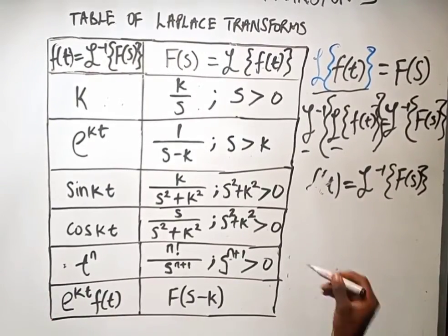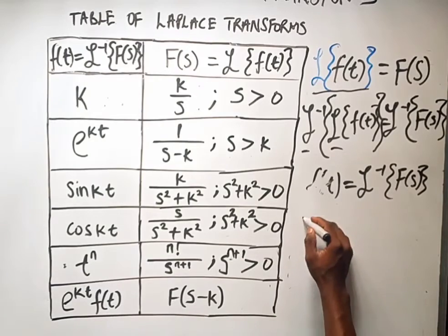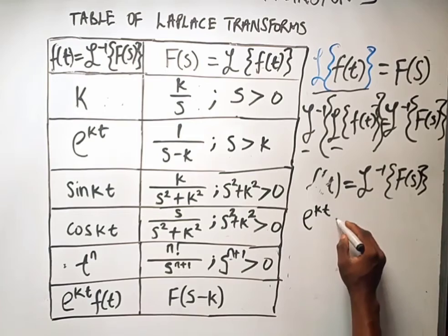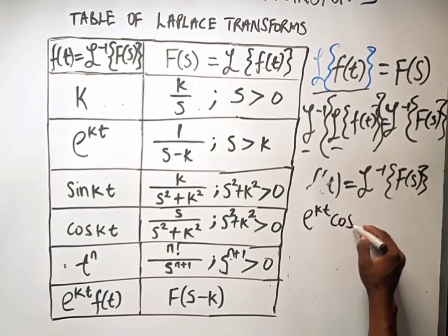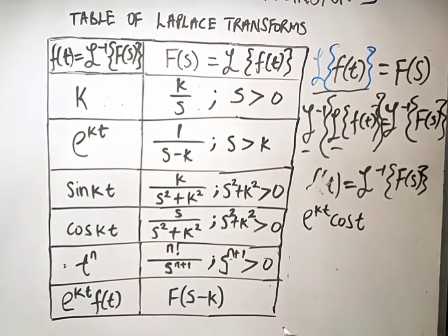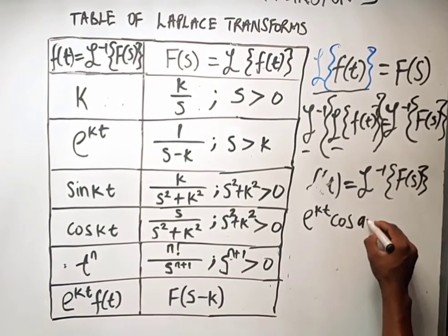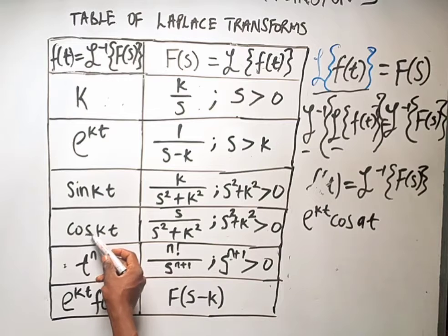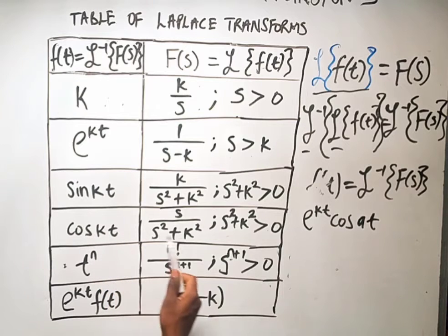Now if you are given, for example, e to the power kt times a function of t, let's say cosine of at, where I use a instead of 1 as the coefficient. We know that the Laplace transform of cosine at gives us s over s squared plus a squared.